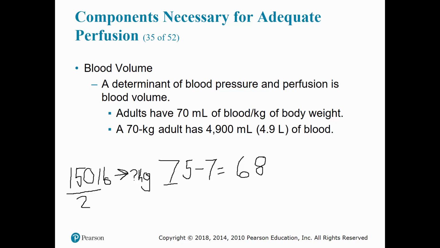Now, if you have someone that weighs, let's say, 300 pounds, 300 divided by 2 equals 150, right? Now, as I said, with a two-digit number, such as what we had in the 75, you would subtract by the first number. Well, in this case, I have a three-digit number.